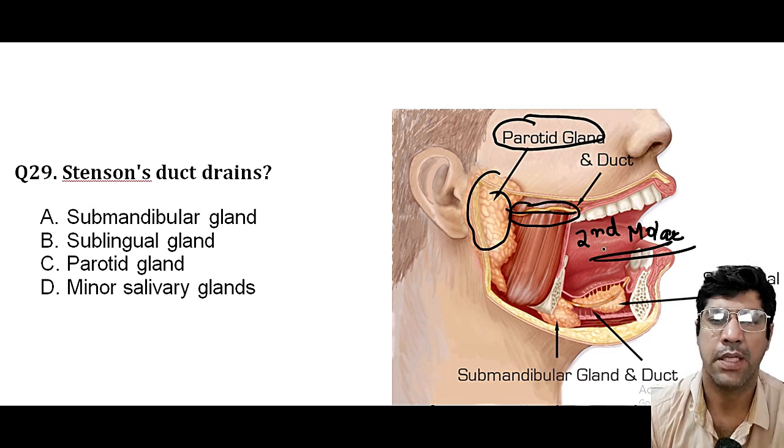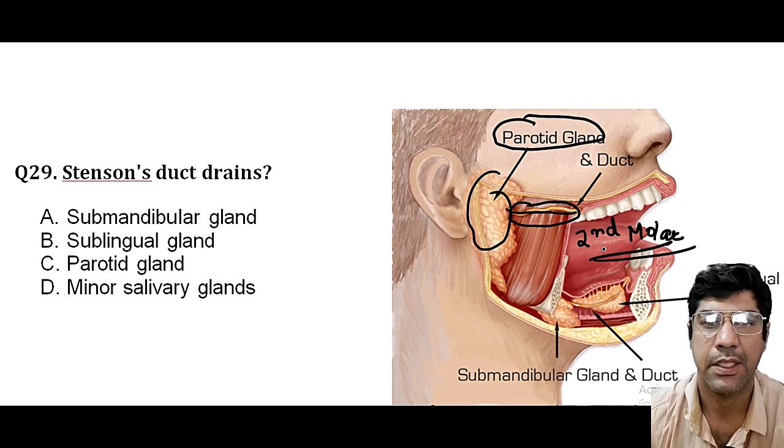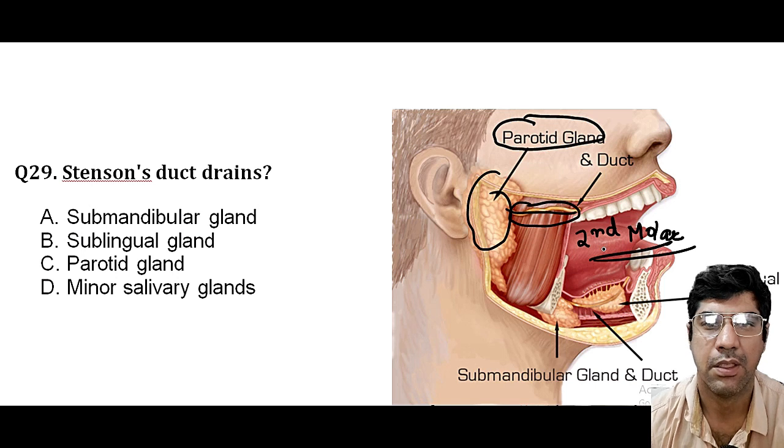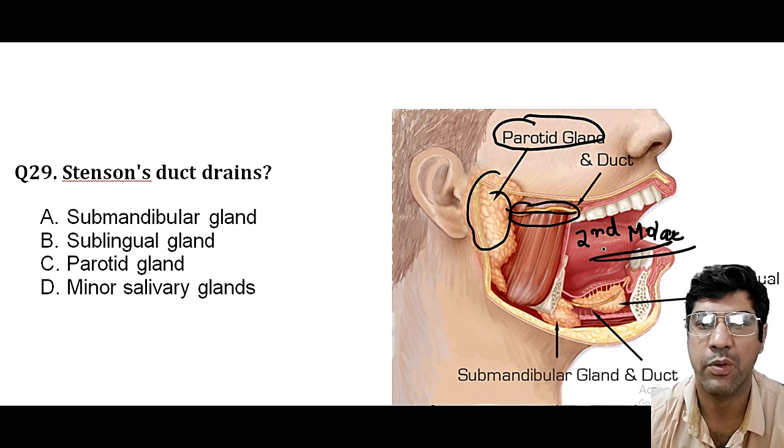So, think you are enjoying a tasty piece of candy. Your cheek has a special gland that makes your mouth watery by producing saliva. This saliva will help you to taste the candy better and make it easier to swallow.